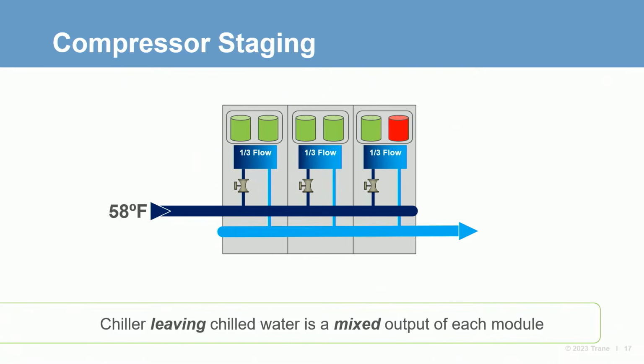The first 2 modules do the full 16-degree delta T, and only the last module has 1 compressor running doing an 8-degree delta T. So 2/3 of your leaving chilled water is 42 degrees, and 1/3 of the water is 50 degrees, making the overall mixed leaving chilled water temperature of the 3-module chiller bank 44.7 degrees, and much closer to the overall chiller set point of 44.